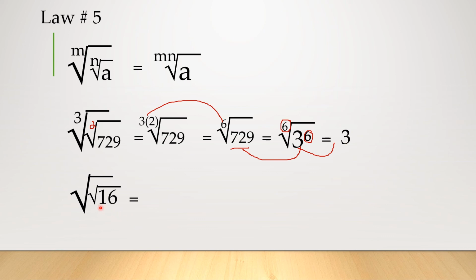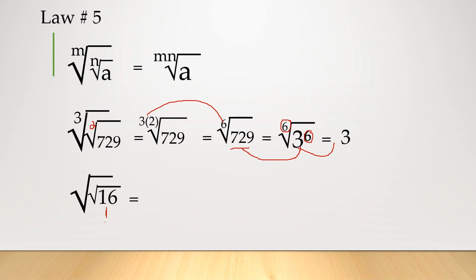Okay, let's have another example here. This time, what we're going to do first is, let's just perform first the inner square root and the outer square root here. This is just a square root, just to prove that you will get the same answer. What is the square root of 16? Because this is easy. The square root of 16 is 4, right?